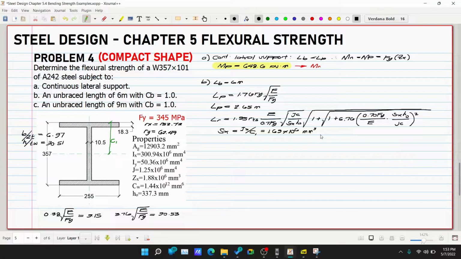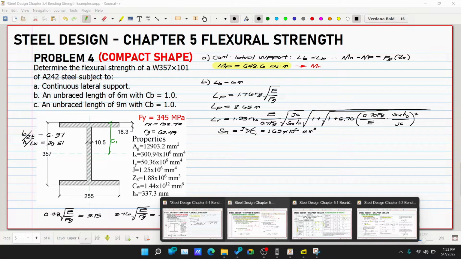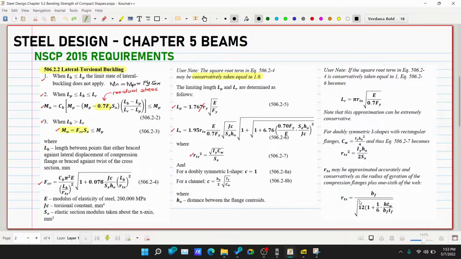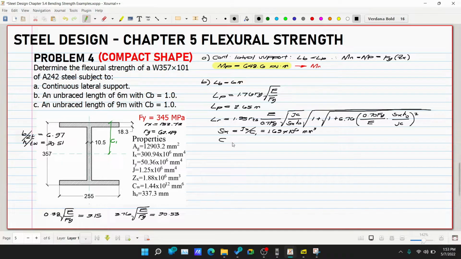Okay. Then, check natin yung code. Yung C na tinutukoy doon is ito. Ayan. So, for channel, ito yung equation natin. Pero, syempre, double symmetric I-shape tayo. Yung ating C is 1.0 na. Then, meron tayong equation ng RTS doon.